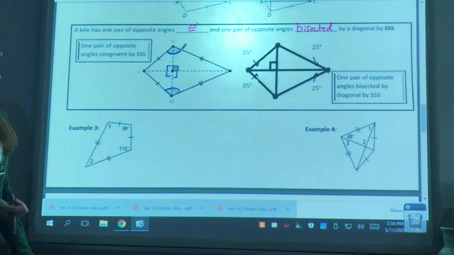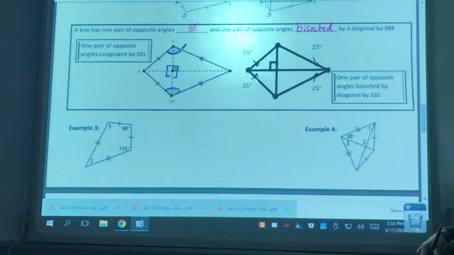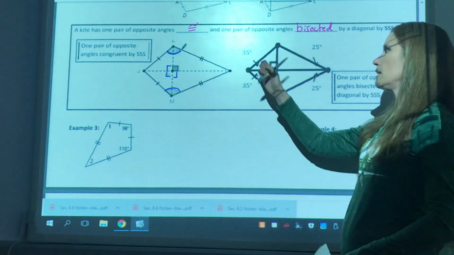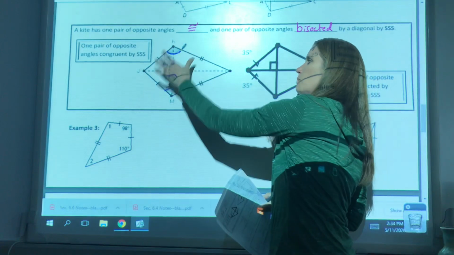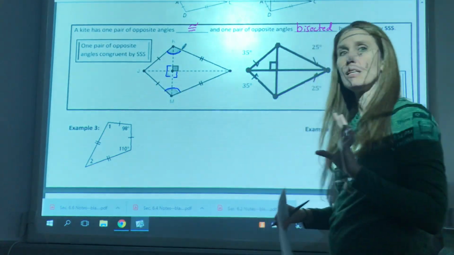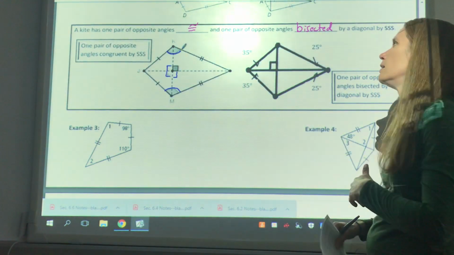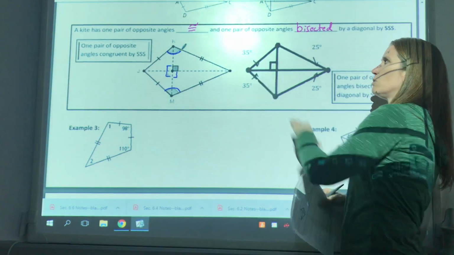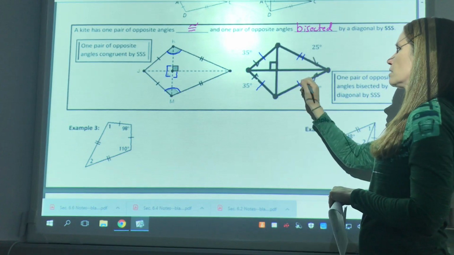Okay? The next thing it's talking about here is that one pair of opposite angles is bisected by a diagonal by side, side, side. So these two angles are not congruent to each other. In between the non-consecutive sides, those angles are congruent. In between the two, again, we know that side's congruent to that side's congruent to that side.